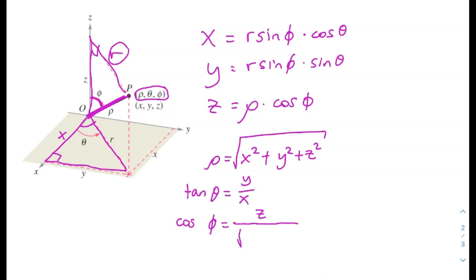Rho happens to be root x squared plus y squared plus z squared. There's other options. You could try tangent phi, and you can also try sine phi. Sine phi is probably the most complicated because it involves r and rho, which both need to be translated, but it's also possible.